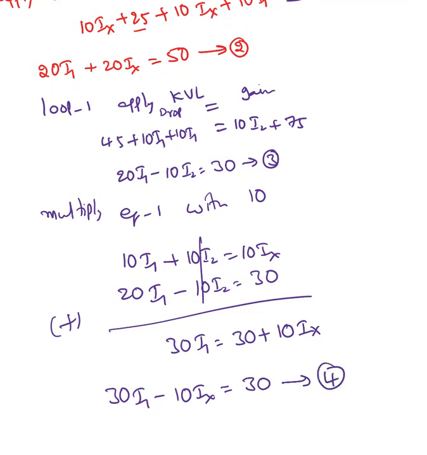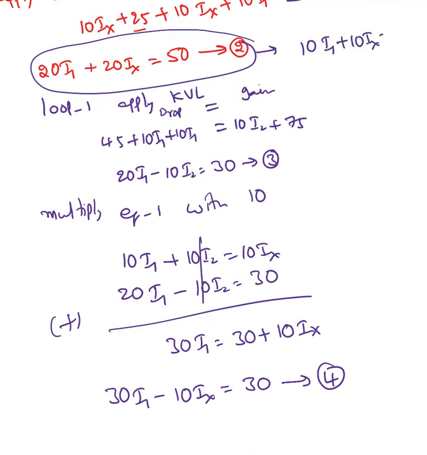Now if you look at the second equation, I have 20 I1 plus 20 Ix equals 50. If I simplify this, can I write it as 10 I1 plus 10 Ix equals 25? I just multiplied by 0.5. So this is my equation 2.